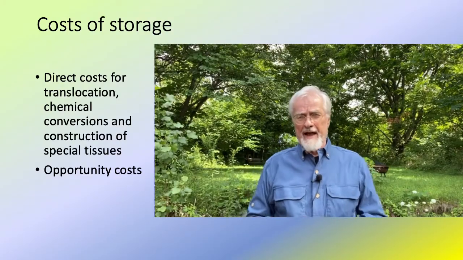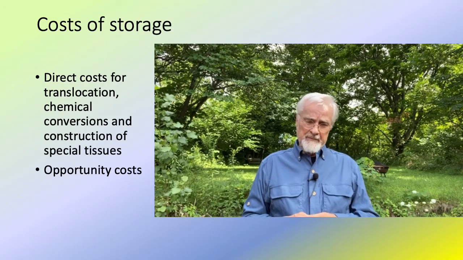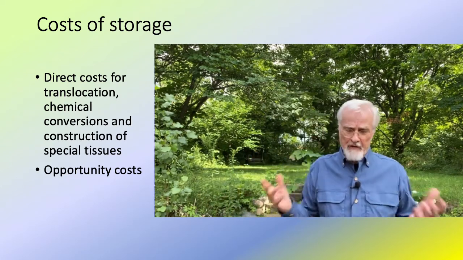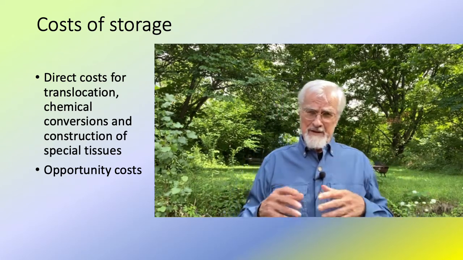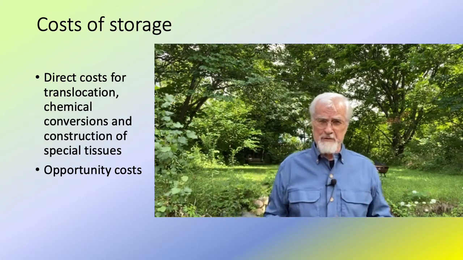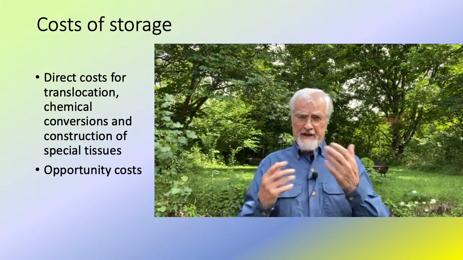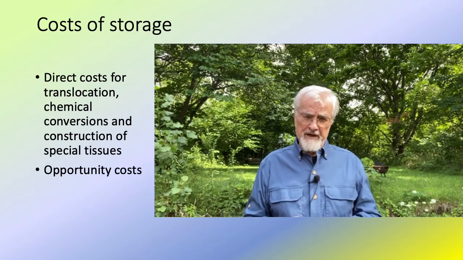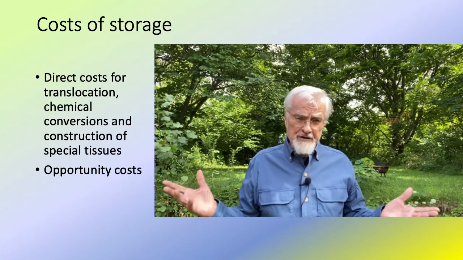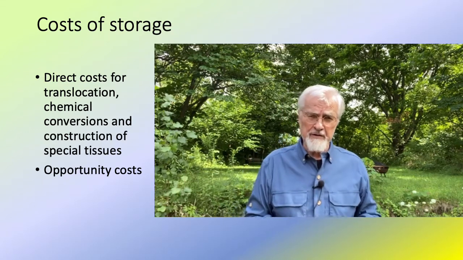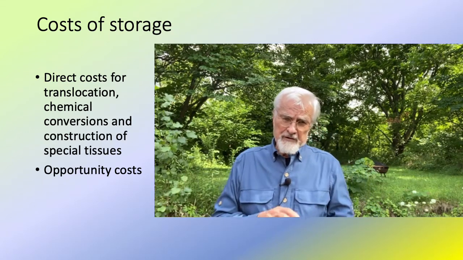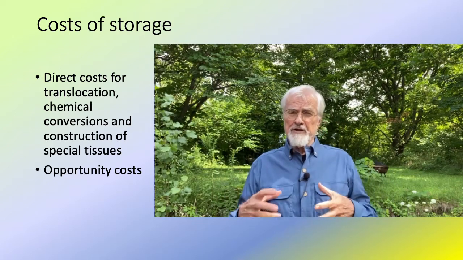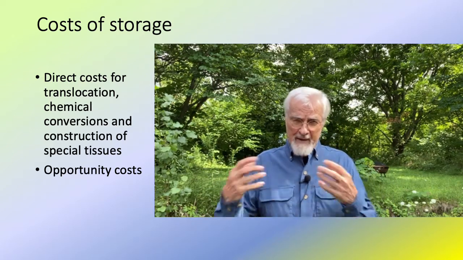Now, it's pretty clear that allocation of materials has costs associated with it, especially if you're allocating things for storage. Allocating things for storage means that you're not going to be immediately producing leaves or roots to engage in the process of growth and eventually reproduction. There are direct costs, and these costs are associated with translocation. They're associated with chemical conversions, particular chemicals that you have to make.